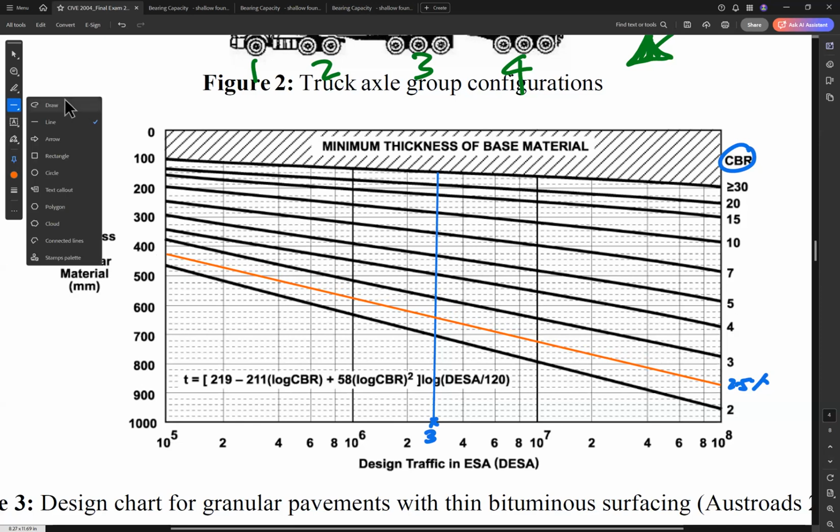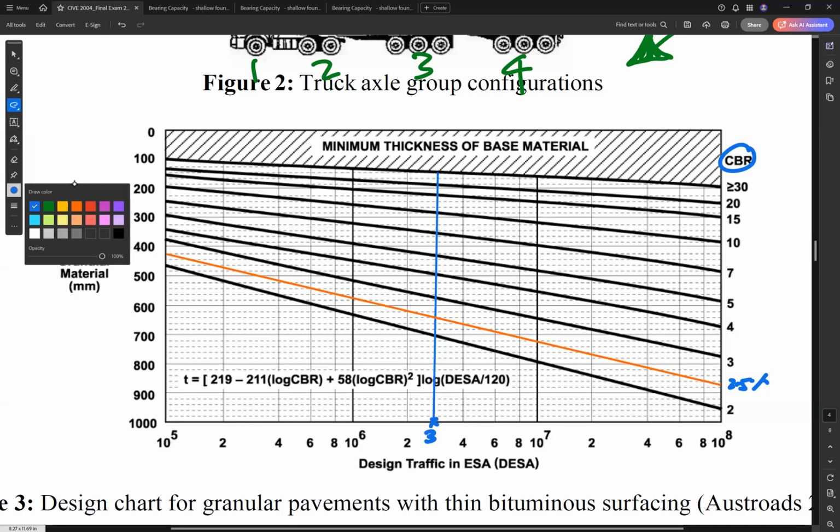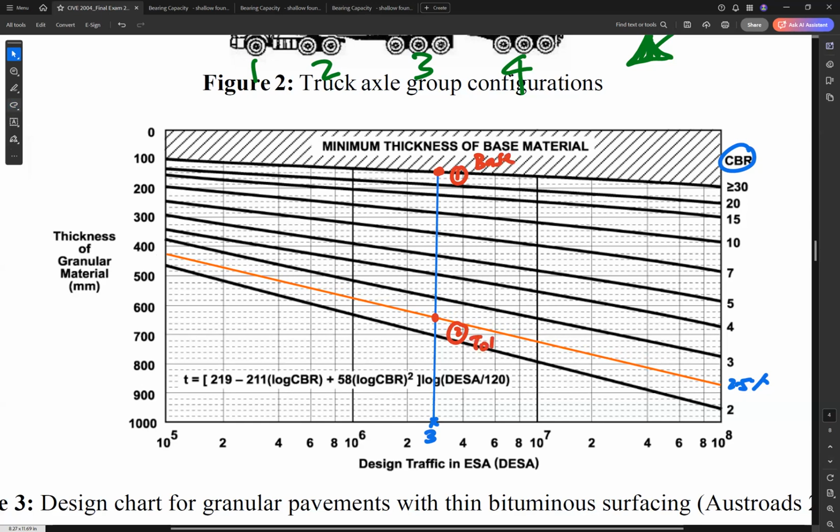Our 2 points are here and here. This one is 1 for the base and 2 for the total, and the difference between them is the subbase. So what you will need to do again is, using these two lines, create two horizontal lines.